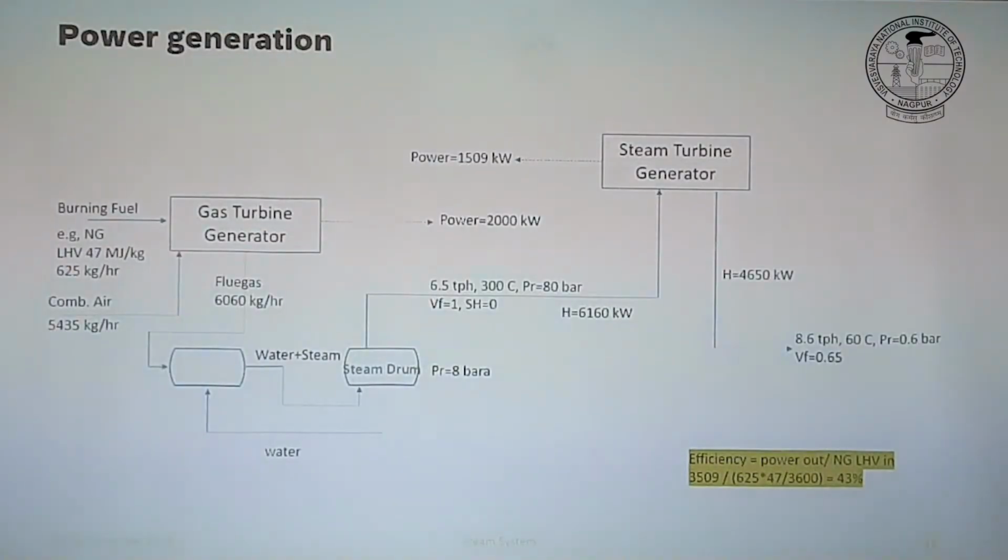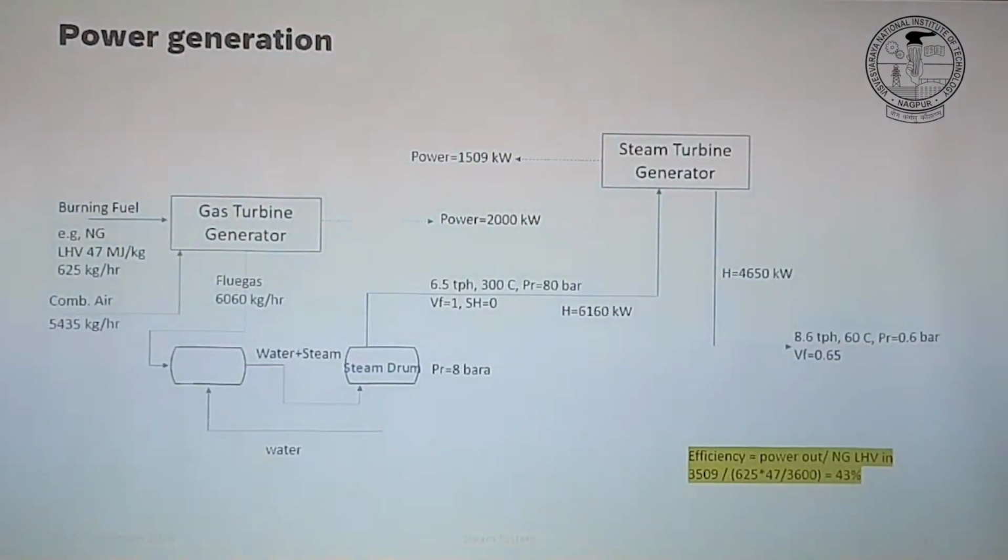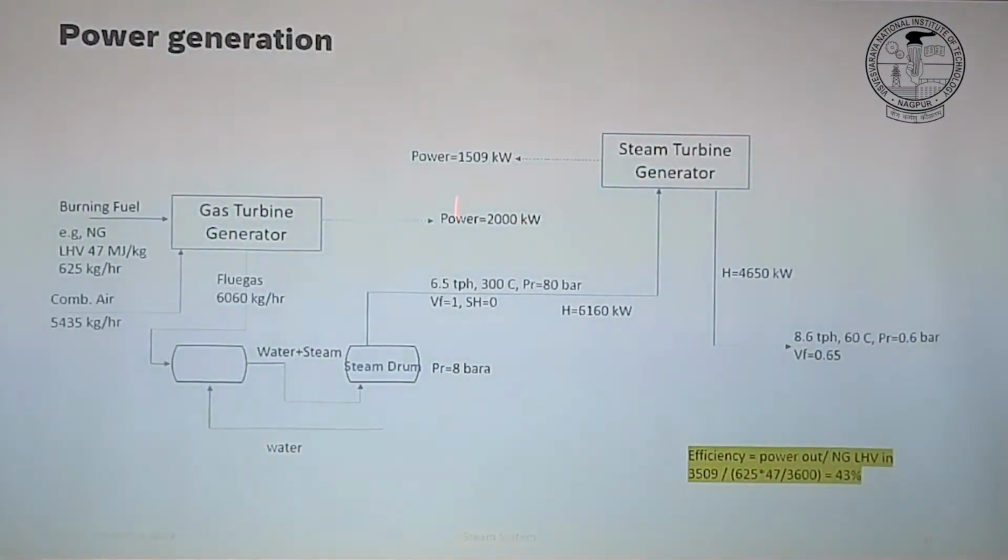So in the earlier, let's say, power plant, you simply burn at atmospheric pressure, and then you generate steam at high pressure on the steam side. But here the combustion is at very high pressure, and you already extract a lot of energy. So we already see 2000 kilowatt we already extract.